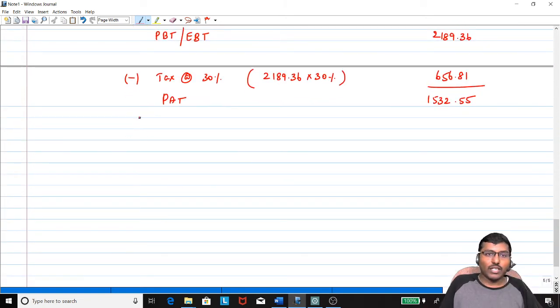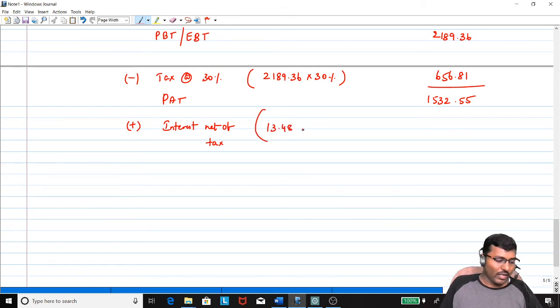Then I need to, as I told you, add back what? Interest net of tax. So which means your interest is actually 13.48, but don't add 13.48. In that your tax savings will be 30%, which means you take 70%. You need to add back 70%.